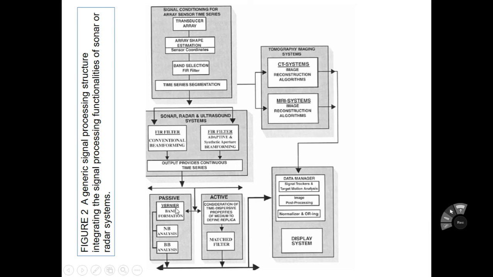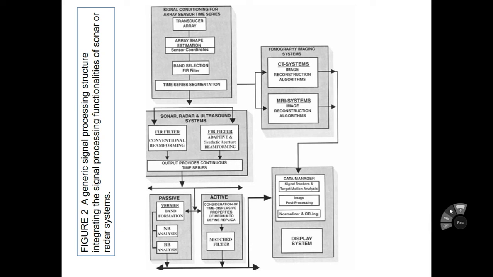It will enter into the passive and active sonar sensor or the active and passive radar sensor. So it uses the vernier band formation and consideration of time dispersive properties of the medium to define the replica, because during the transmission of the signal, sometimes the signal is lost due to some interference.